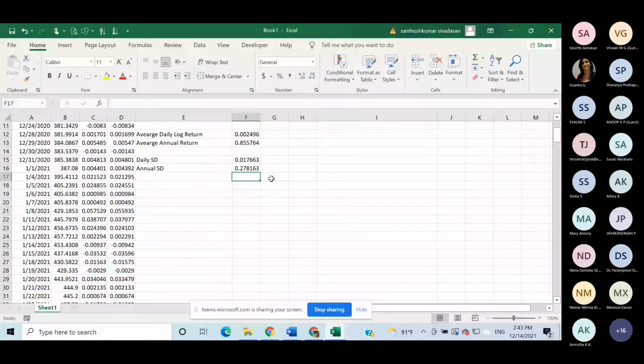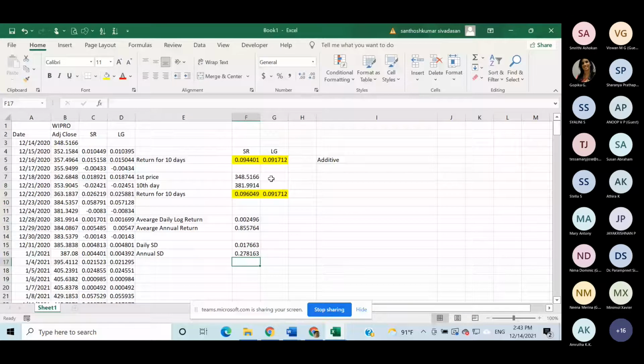So far, from the daily data, we have found the log return, and we have annualized the daily return.